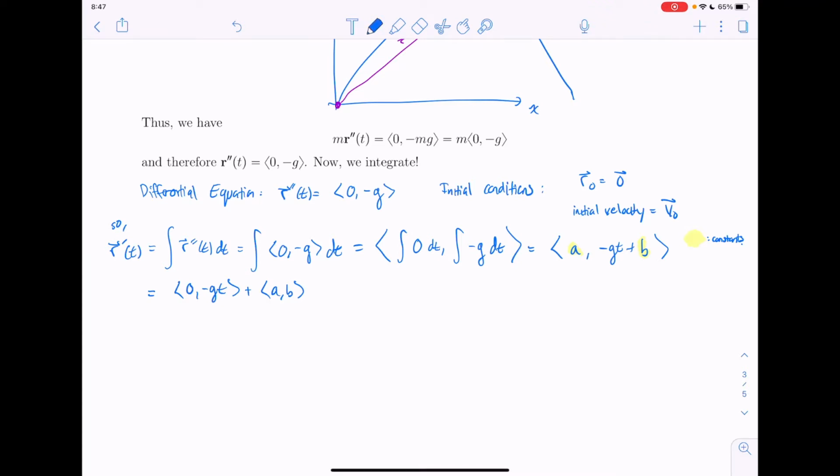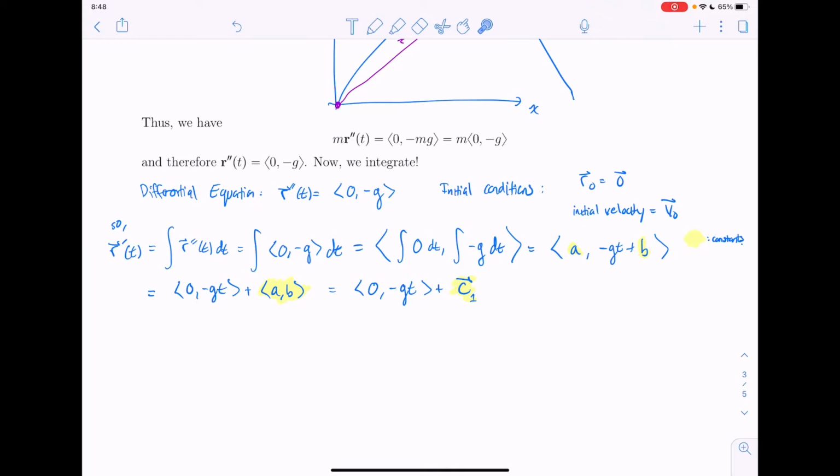So if instead we were to rewrite this overall vector here as a vector of constants, we could rewrite this overall integral as the vector 0, negative gt plus c. We'll call it c1 because this is the first time we've integrated, and we see that exactly this is a vector of constants given by a, b. We don't know right now what that c value is equal to, and if we don't have additional information, we might not be able to find it.